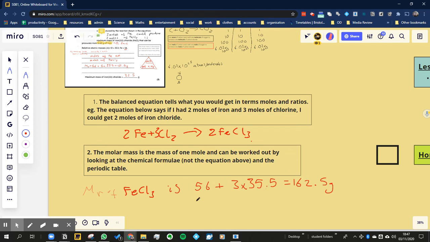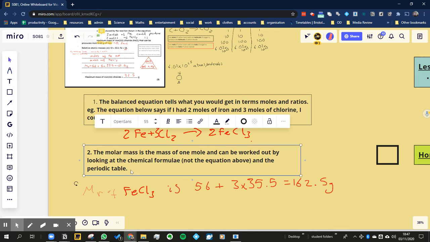It might be worth also saying at this point that this is also called the relative formula mass, depending on whether it's a formula or just an atom. If it's just an atom, you would call it the relative atomic mass.